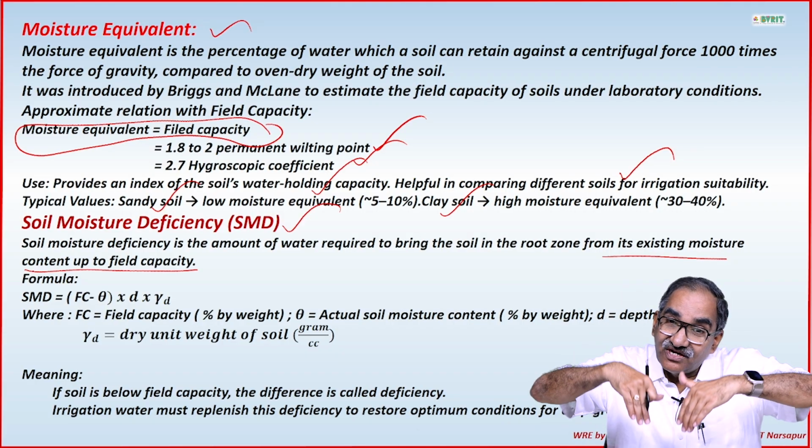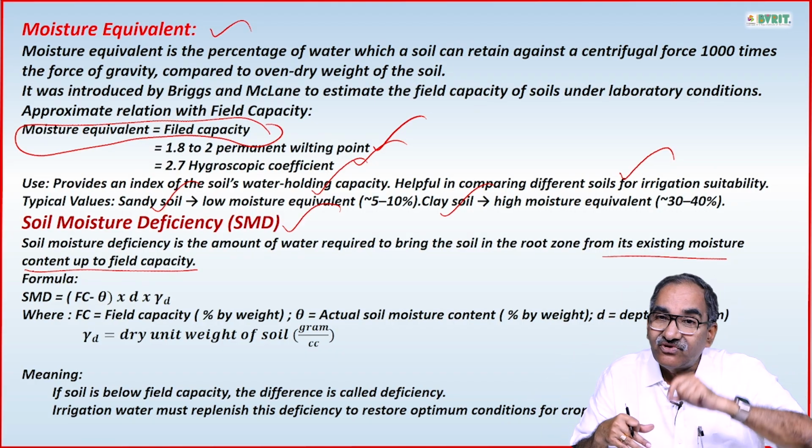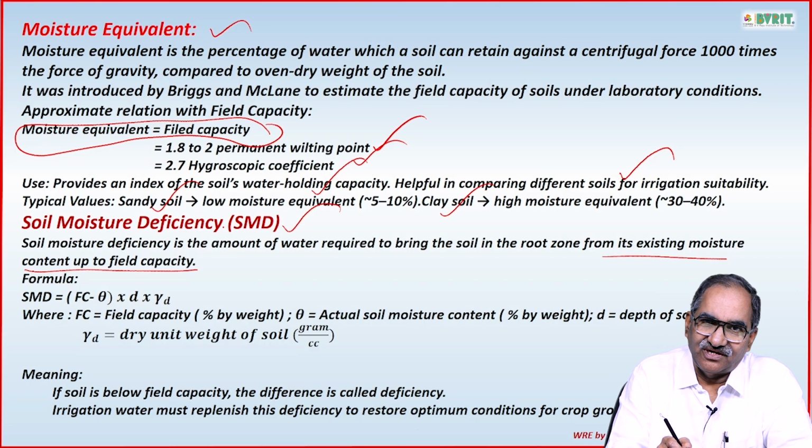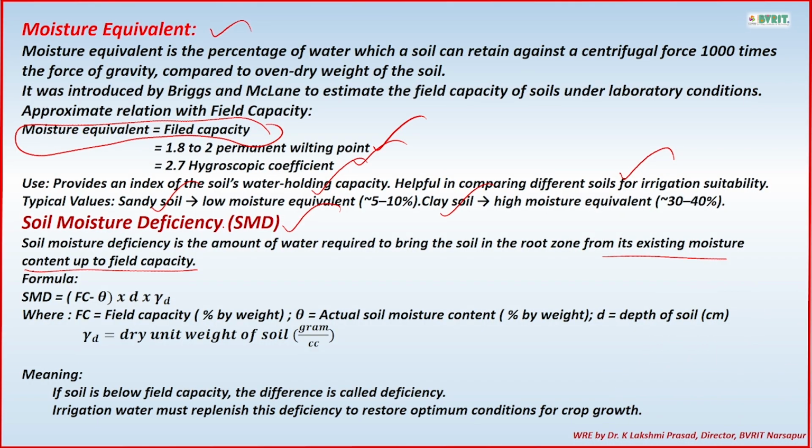Again, when you need to supply water, how can you know it? Through the soil moisture deficiency. What is that? It is field capacity minus the available moisture. It is not the permanent wilting point, because permanent wilting point means gone case. Only above the permanent wilting point, whatever is the available moisture content, into D.